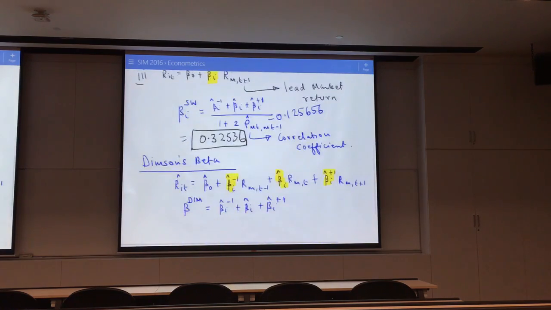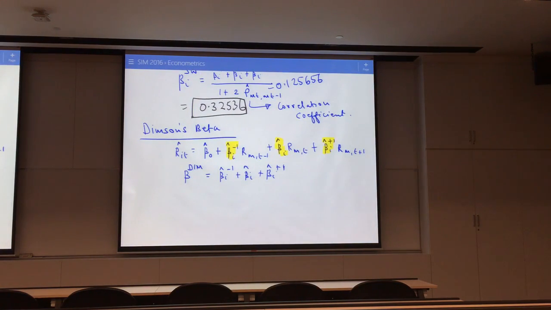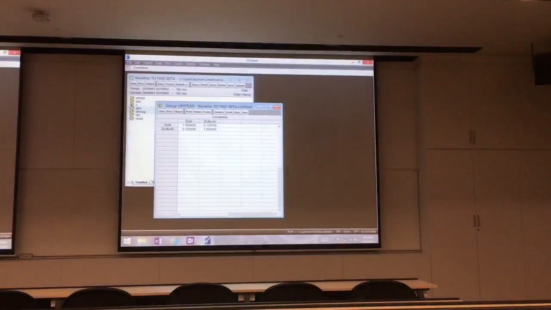Okay, the next one, Simpson's beta. We have to create one regression model with lagged market return, current market return, and lead market return. So let's do that.